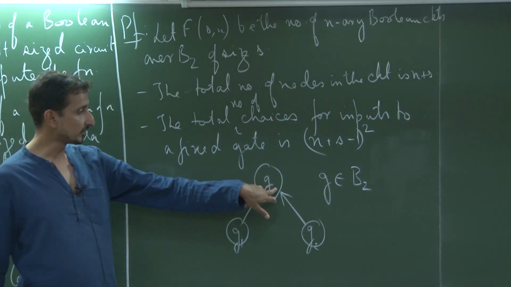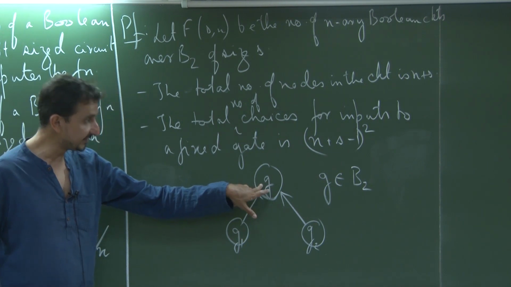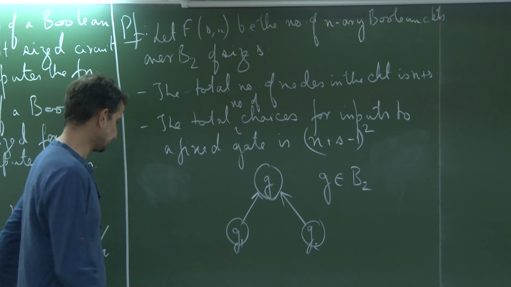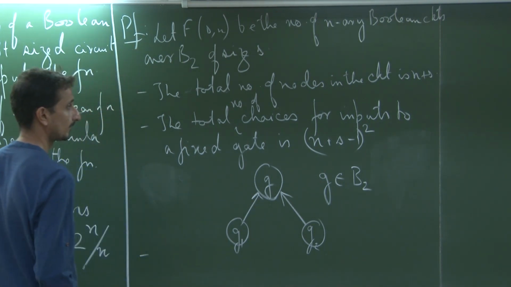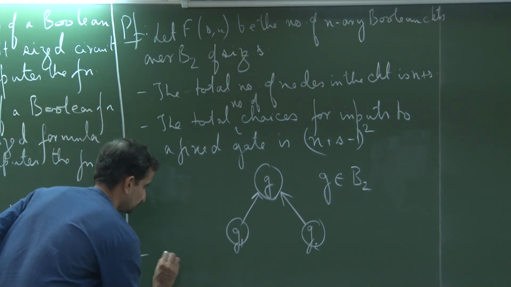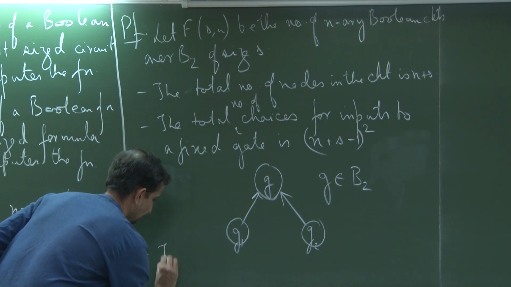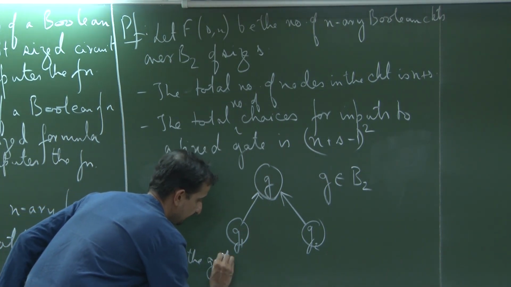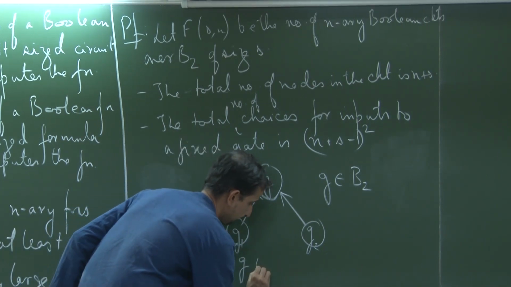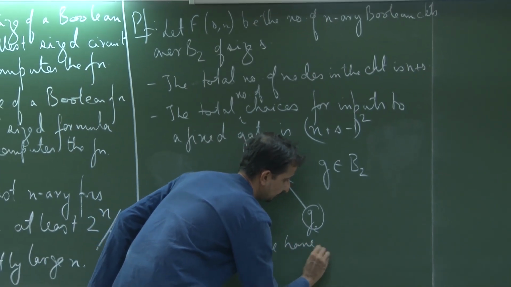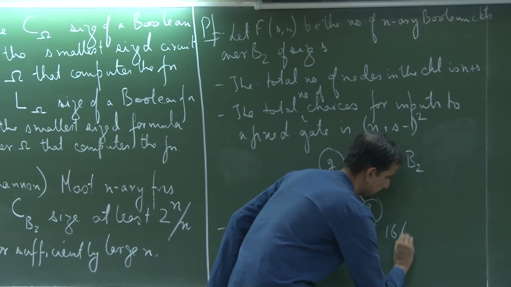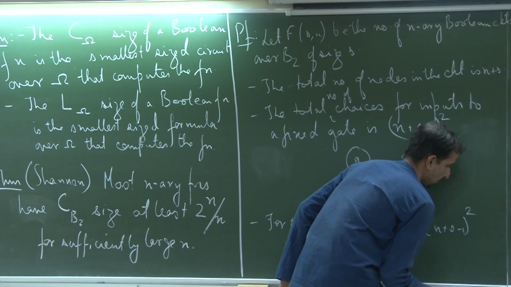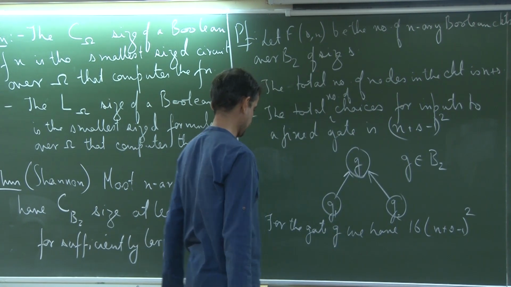Now, how many choices are there for this G itself? 16 choices, because B2 has 16 elements. So, for the gate G, we have 16 times n plus s minus 1 whole square possibilities.